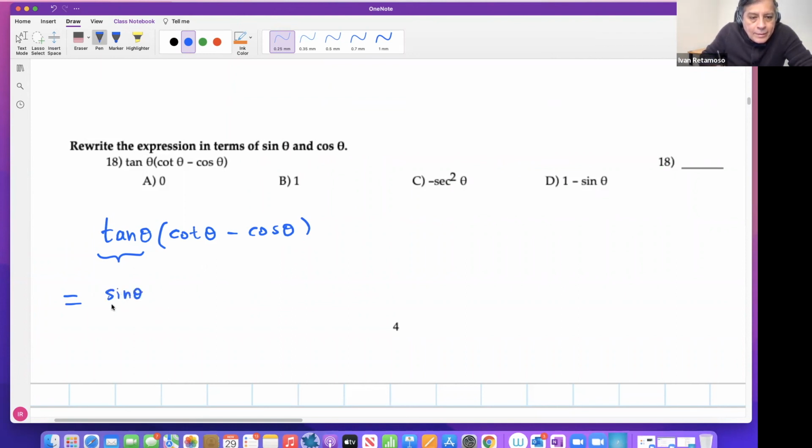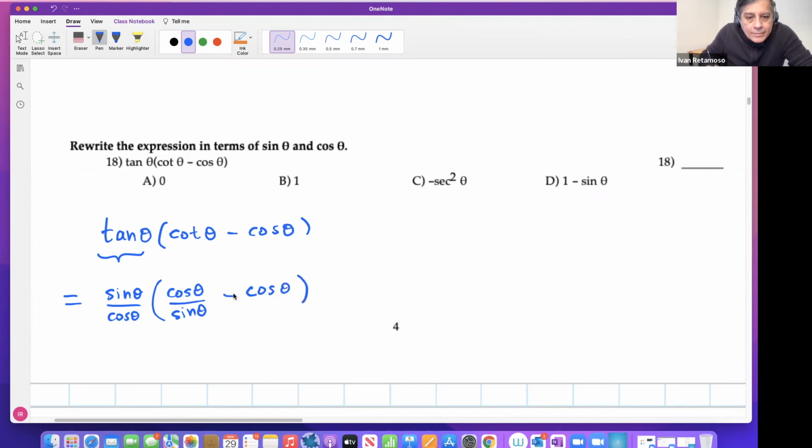Tangent is sine of theta over cosine of theta. This comes from the quotient identities, right? Quotient identities. And cotangent is cosine of theta over sine of theta, right? Cosine of theta, same as cosine of theta.